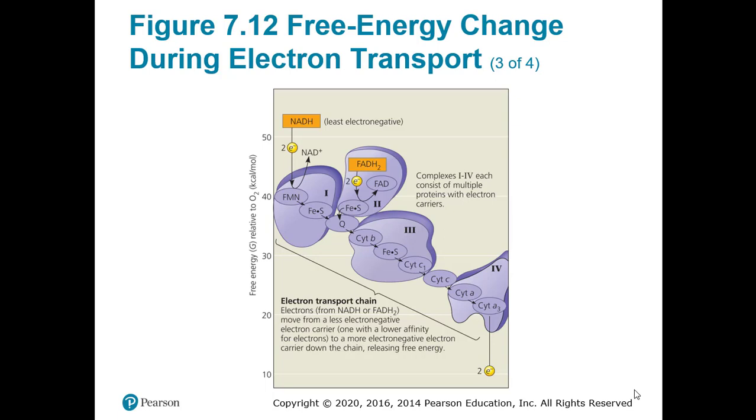The iron sulfide can transfer electrons directly to the intermediate Q, or the FeS can take electrons from FADH2, and then it goes through cytochrome B, another iron complex, cytochrome C1, cytochrome C, cytochrome A. You don't need to know all those. Just know that electrons are transferred from molecule to molecule from either NADH or FADH2 through these complexes, and at the end, you have these 2 electrons that are left.